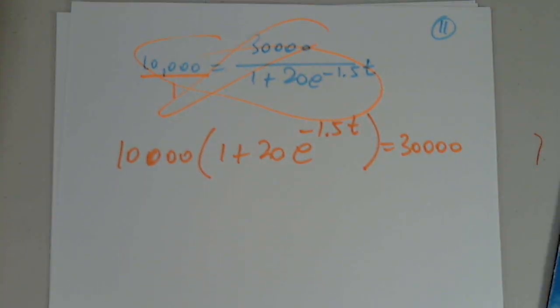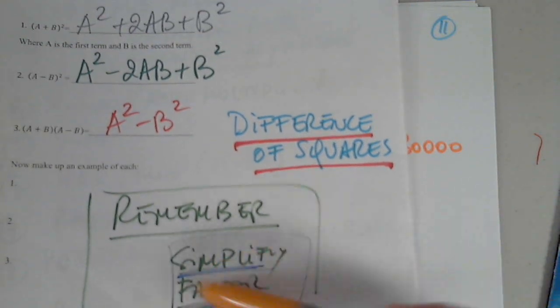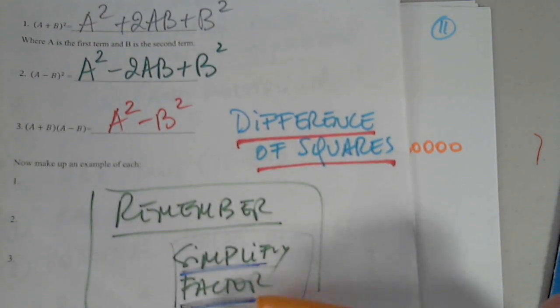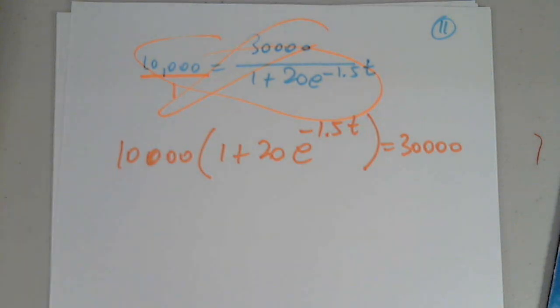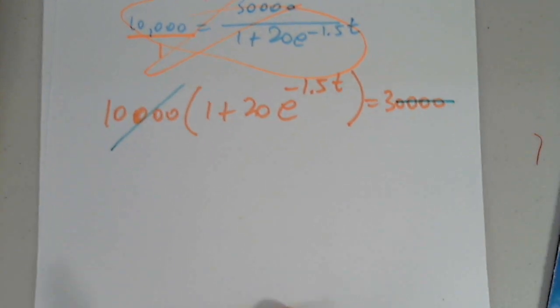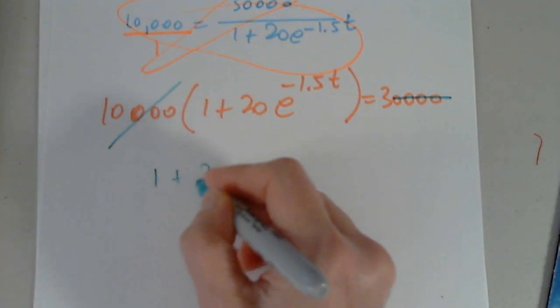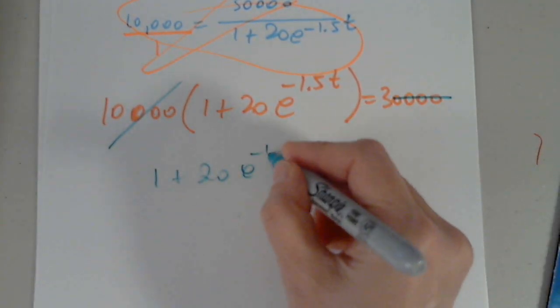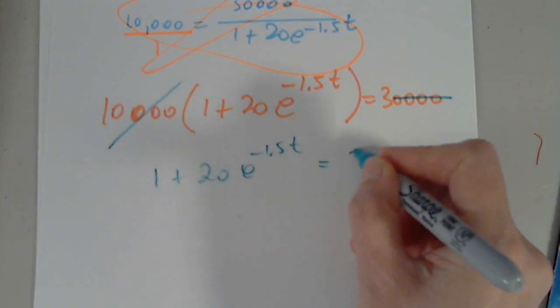And remember the key words. I have to strip it of everything. I have to simplify as much as possible. So, of course, I'm going to get rid of this, dividing both sides by 10,000. Then I have 1 plus 20 e to negative 1.5 t equals 3.